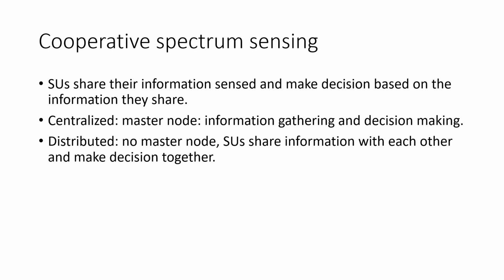The task for the master node is to gather information and make decisions. In distributed spectrum sensing, there is no master node, and secondary users will share their information with each other and make decisions together. The current research work mainly focuses on centralized spectrum sensing, and this is what we adopt in our work.